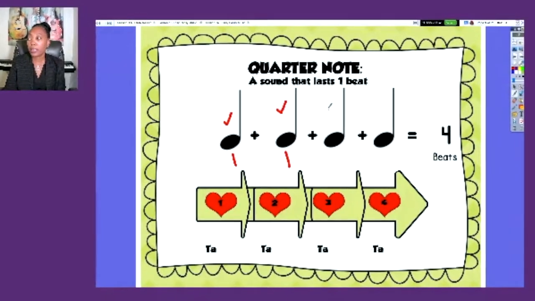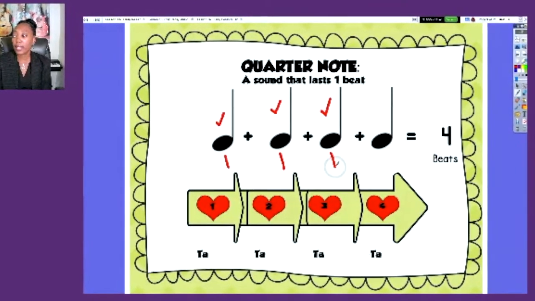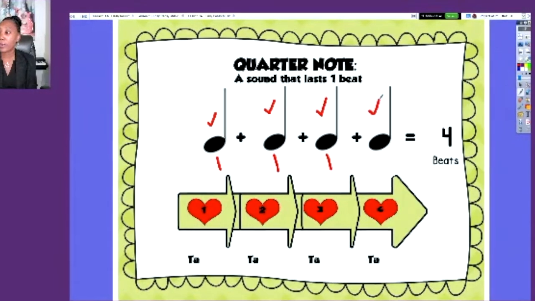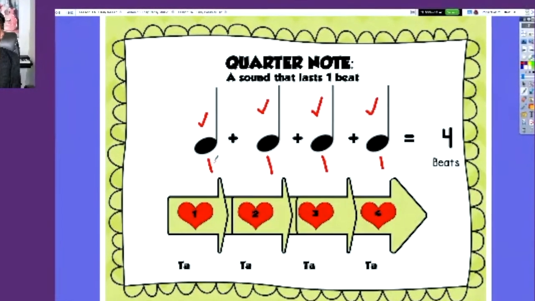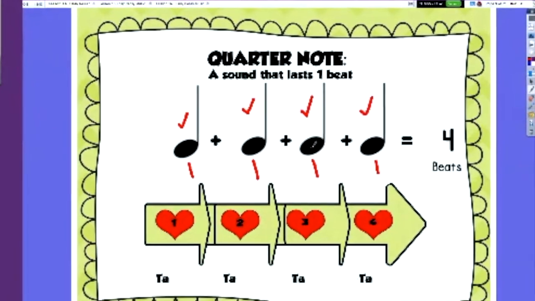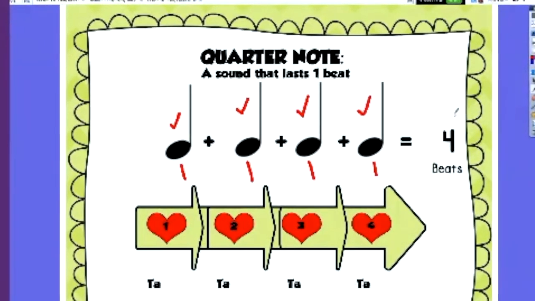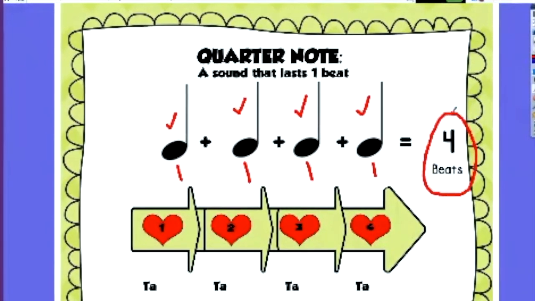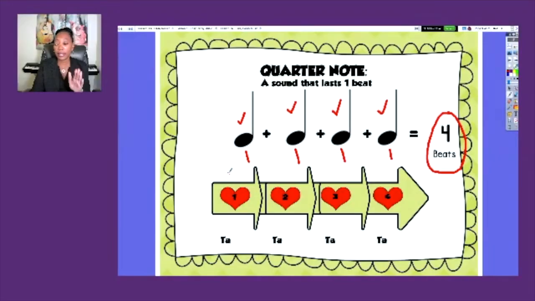That's another 1. A quarter note here. That's another 1. A quarter note here, another one. So we add up all of these quarter notes. 1 plus 1 plus 1 plus 1 would equal our 4 beats. And it would sound like this. Ta, ta, ta, ta. Real simple.